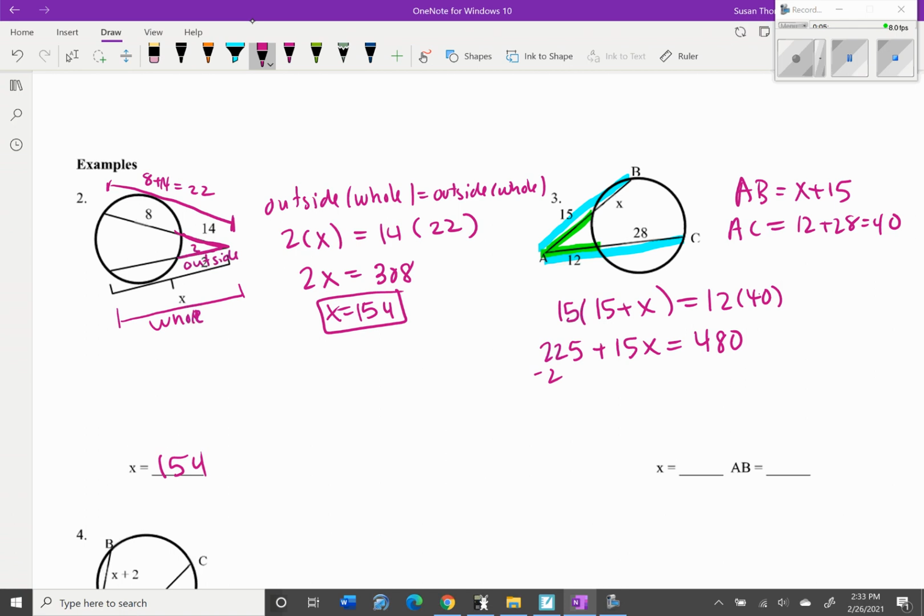And then subtract 225. So we get 15x is equal to 255. Divide by 15, and we get x is equal to 17. So if I want to find the length of AB, AB is equal to x plus 15, so 17 plus 15, which equals 32.